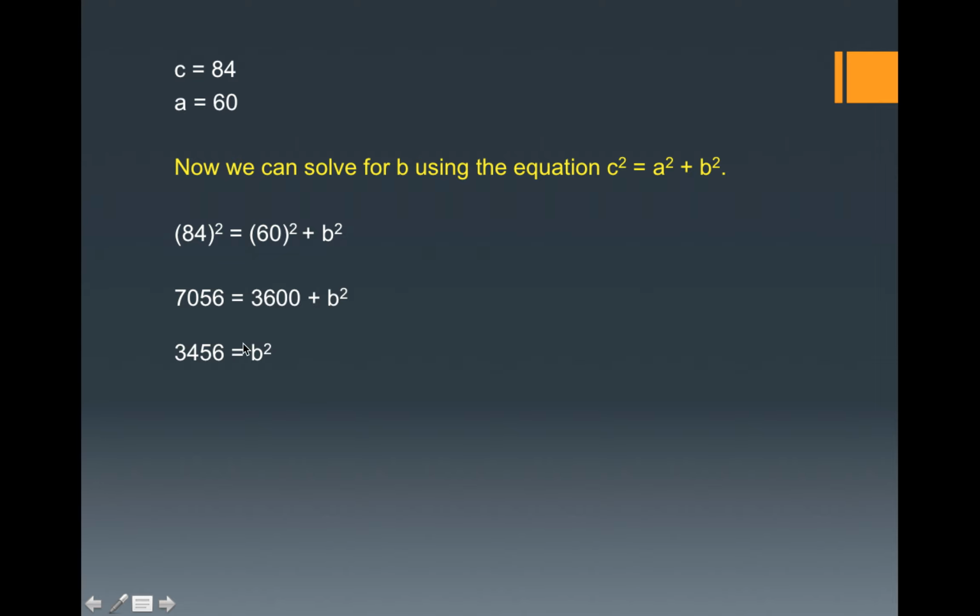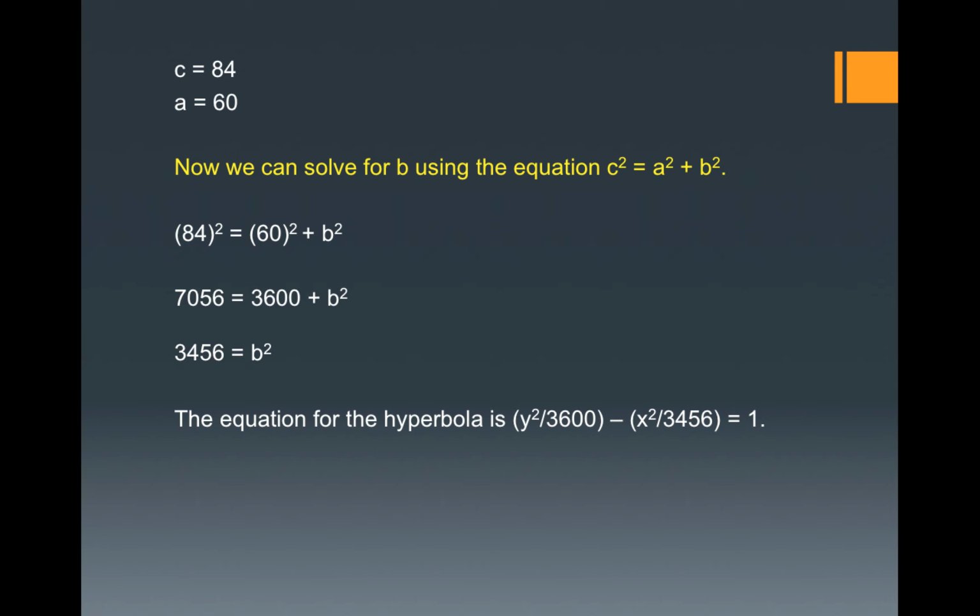Now we could go further and calculate the value of just b itself, but remember, the only term using b in the equation is b squared, so we already have our answer here. So that we can say the equation for the hyperbola is y squared divided by 3600 minus x squared divided by 3456 equals 1.